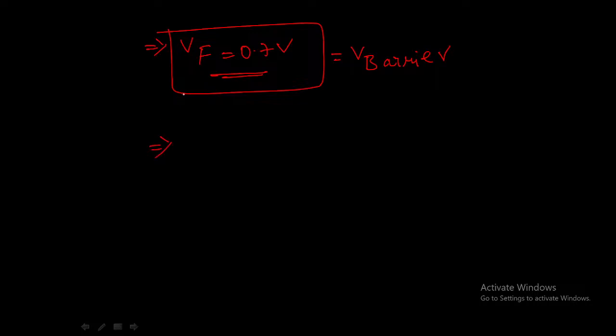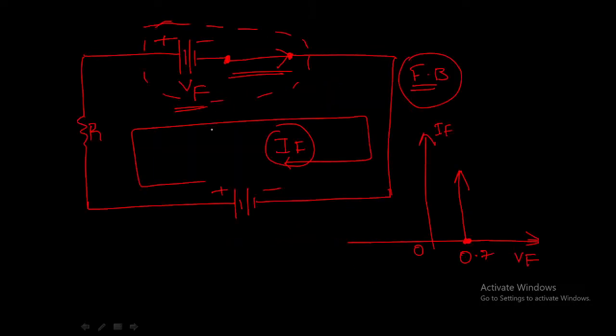Now let us find out the current flowing through the diode. The current flowing through the diode can be found by Kirchhoff's voltage law. So let us apply Kirchhoff's voltage law in this particular circuit. This is V bias, minus the voltage across this resistance, let's say it is VR, minus VF is equal to 0.